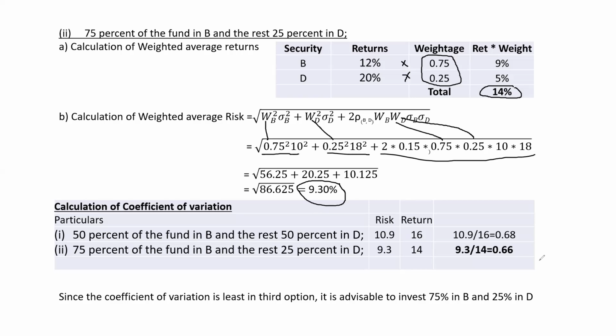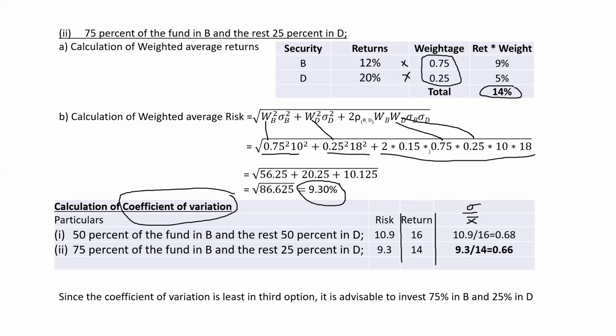All right. Now the last question was which portfolio is a better portfolio? Now see, we have got two returns and two risks. So if you remember, when risk and return both are available, what we calculate is the coefficient of variation. And how is it calculated? By considering standard deviation upon average return. So for the first case, we consider risk 10.9 upon 16.